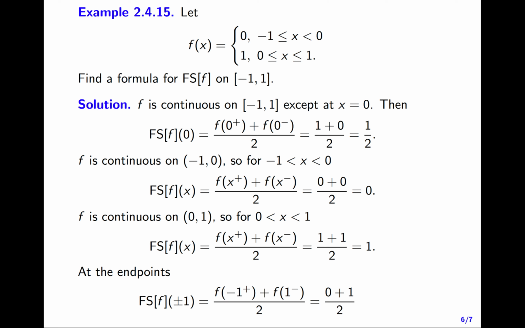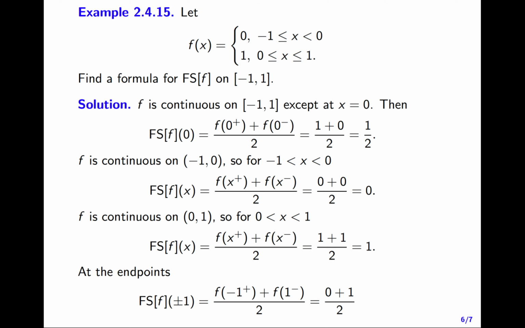Okay. So what's the limit from the right as I approach minus 1? Well, as I go to the right of minus 1, that is for x bigger than minus 1, f is 0, so I get a 0 here. And if I approach positive 1 from the left, when x is less than 1, f has the value 1, so I get a plus 1 there.